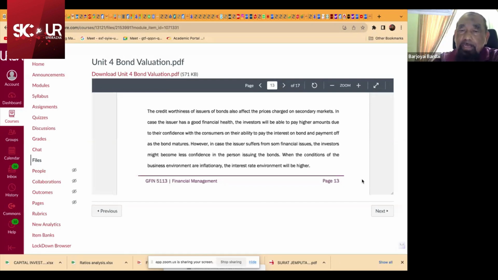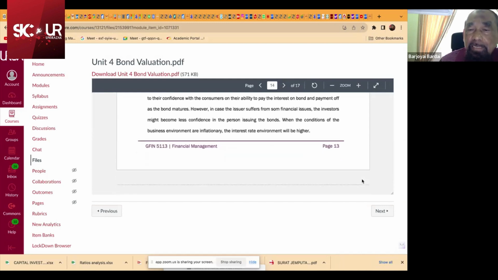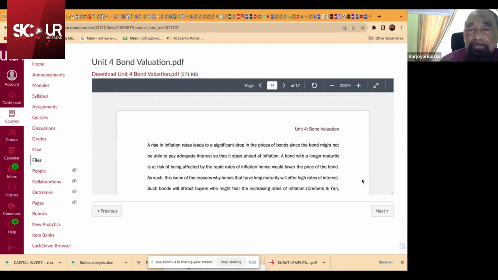However, in case the issuer suffers from some financial issue, then the investor may become less confident in the person issuing the bond. So when the conditions of the business environment are inflationary, the interest rate environment will be higher.